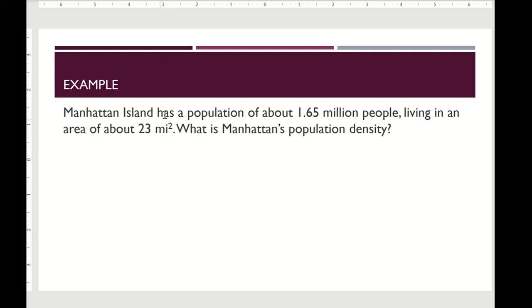Manhattan Island, right, has a population of 1.65 million people, right? Living in an area of only 23 square miles. So what's the population density of Manhattan? So let's open up our notebooks and start this. Now the formula for population density is, where's my pen?